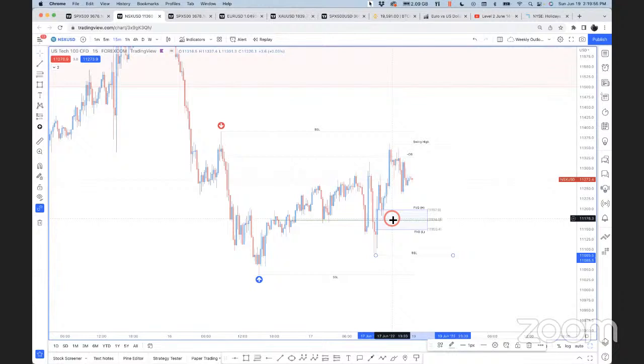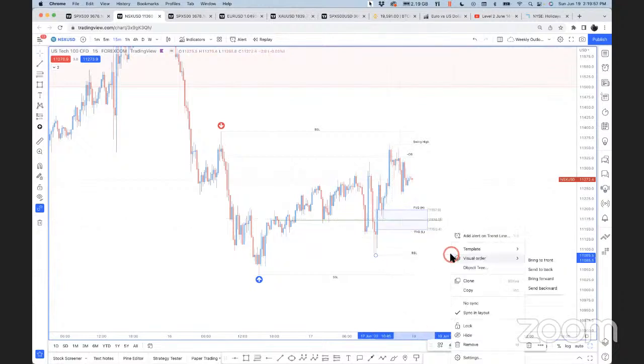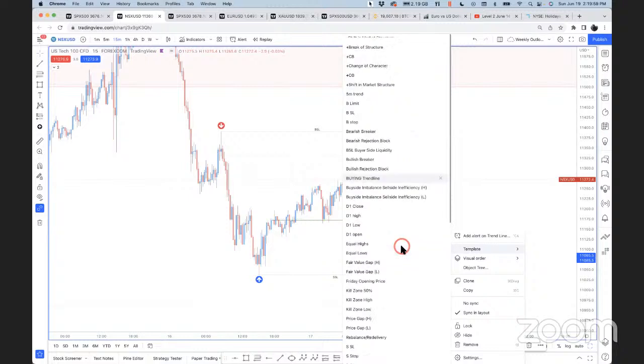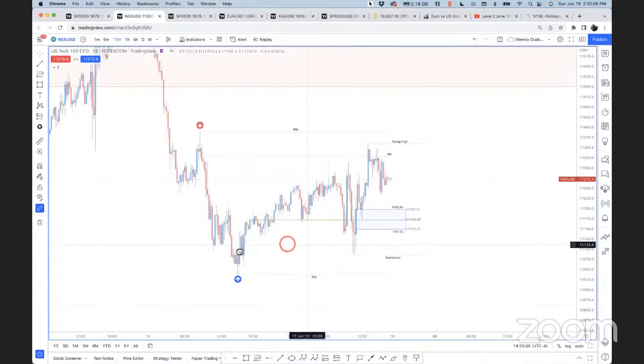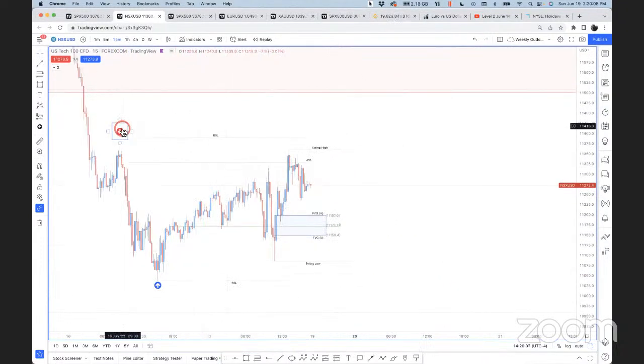So you can see pretty much we're working between these two highs and lows.